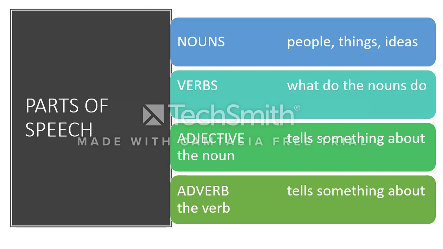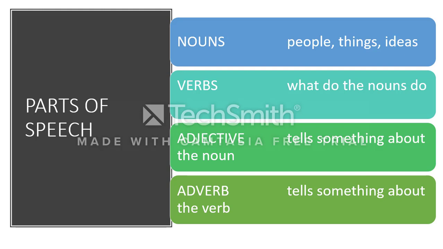Nouns, the names of people, things, ideas. Verbs, what do the nouns do? They tell you what the people, the things, ideas are doing or feeling or thinking. Adjectives tell something about the noun, and the adverb tells something about the verb. These are the main parts of speech.